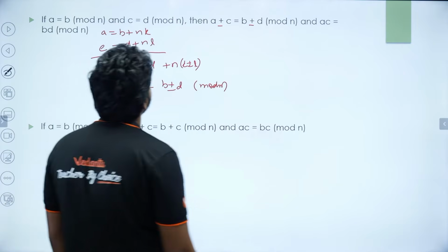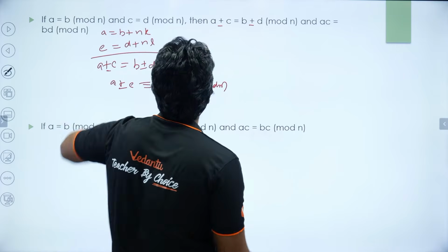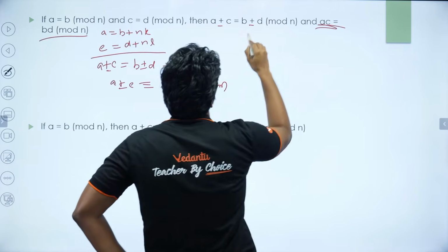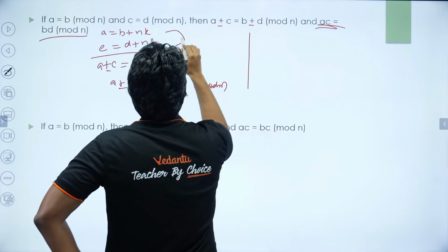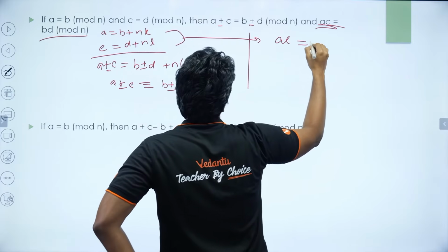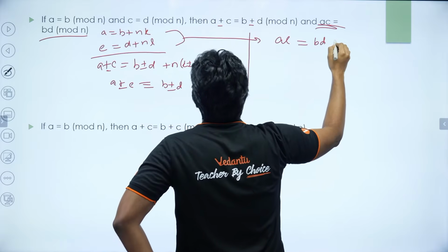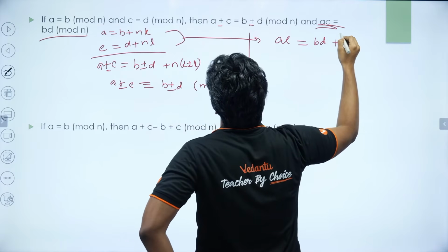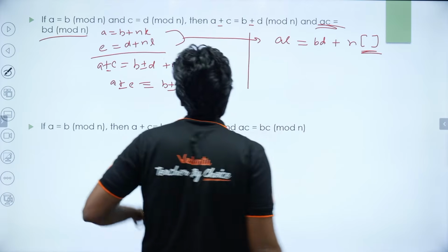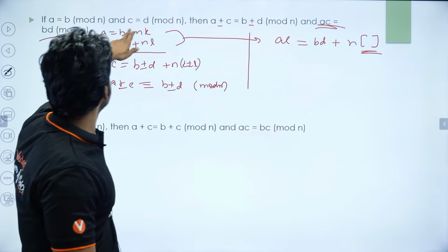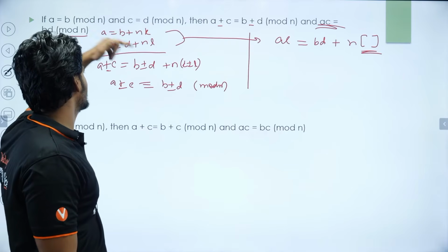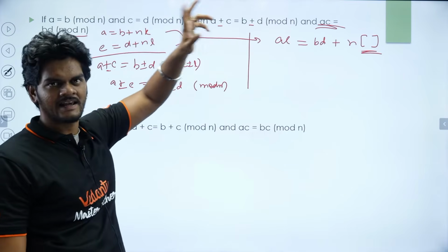Yeah, and it also says the product is congruent mod n. So, again from this, if you take the product, AC is equal to BD plus n into something, whatever this something may be. If you multiply these two expressions, you will get BD plus nkD plus nLB plus n square kL.